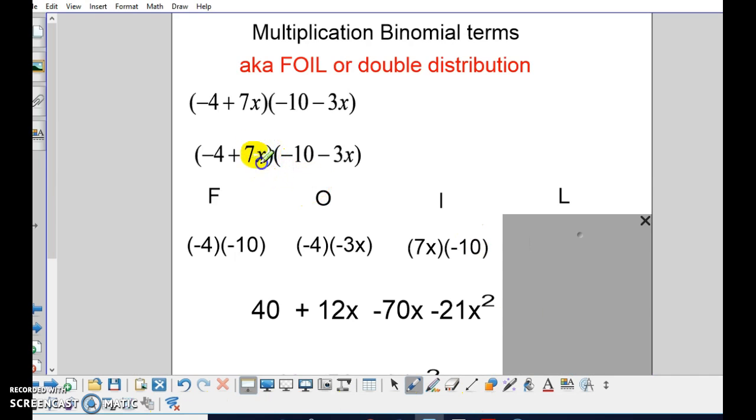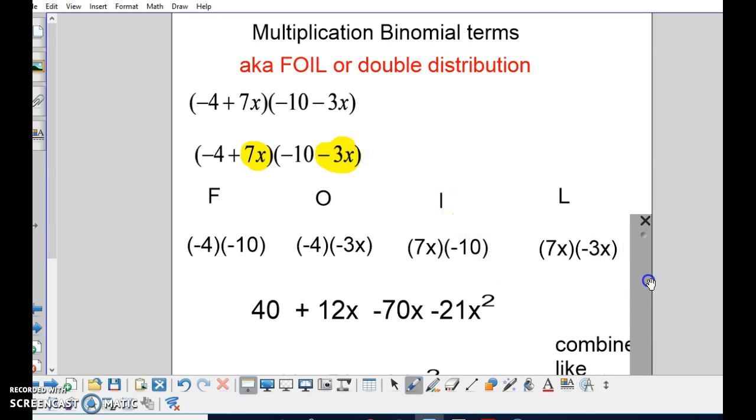Well, our last terms are going to be this 7x, the last term in my first binomial, times -3x, which is the last term in my second binomial. So that is me taking care of my business. I wrote down each product separately to make sure that I didn't make any mistakes or lose anything.